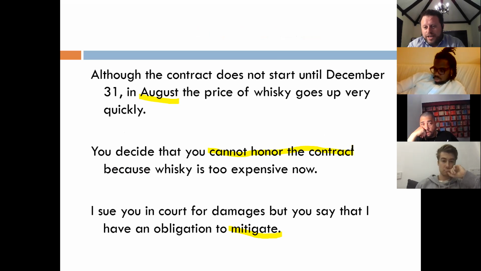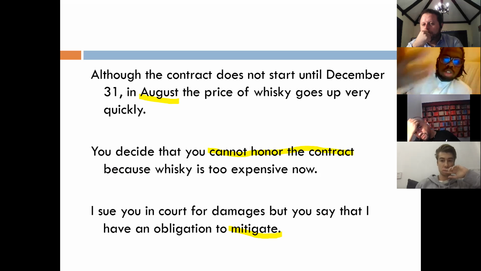First, you have an obligation to mitigate. Do I? So what do I need to do? To prove that you're waiting on the time and letting it grow rather than working on it in order to reduce.